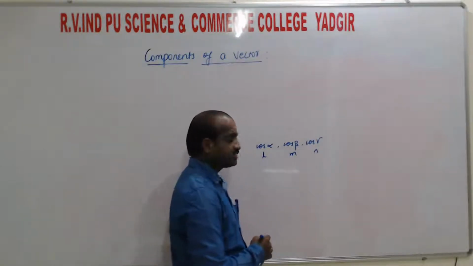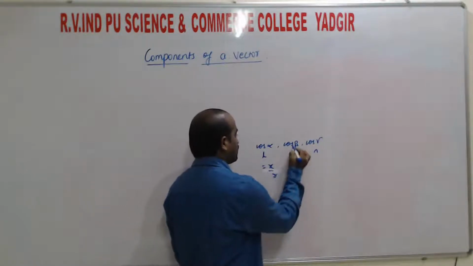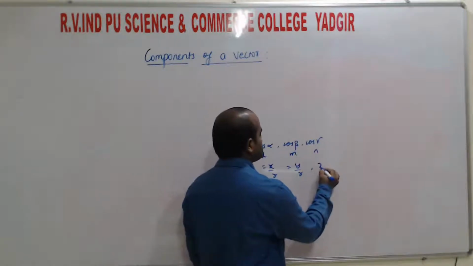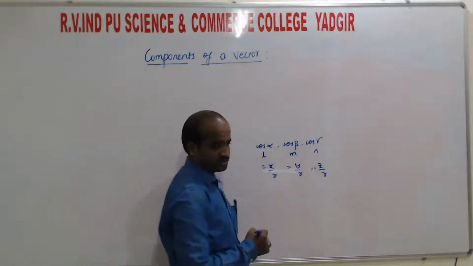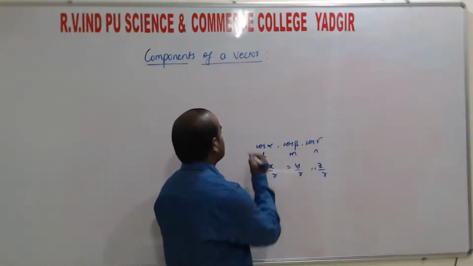Cos alpha is equal to x by r, cos beta is equal to y by r, and cos gamma is z by r. These are the direction cosines. Direction ratios are a, b, c.